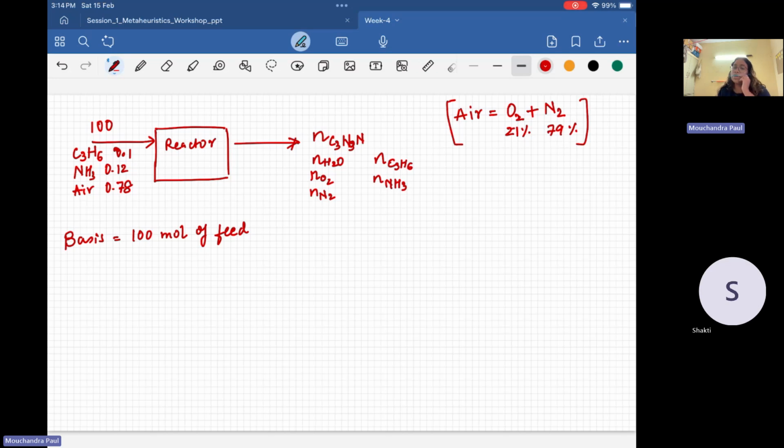Later, in the third part, we have to calculate the number of moles of each of the components. First we have to understand what the limiting reactant is. What is the limiting reactant?